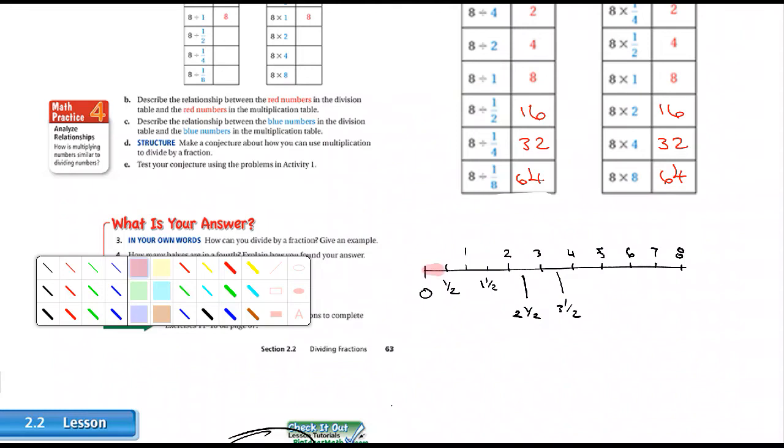This is a half right here, right? So there's 1, 2, 3, 4, 5, 6, 7, 8, 9, 10, 11, 12, 13, 14, 15, 16. Okay?